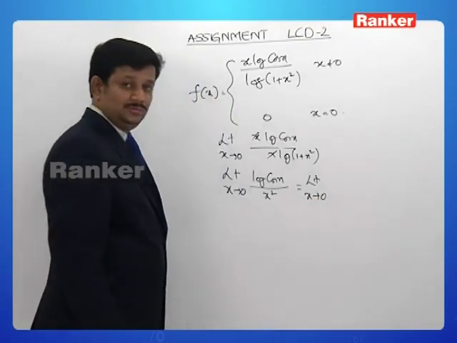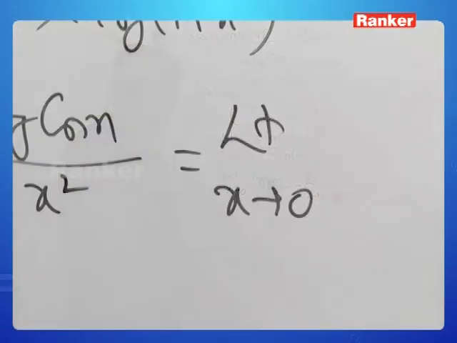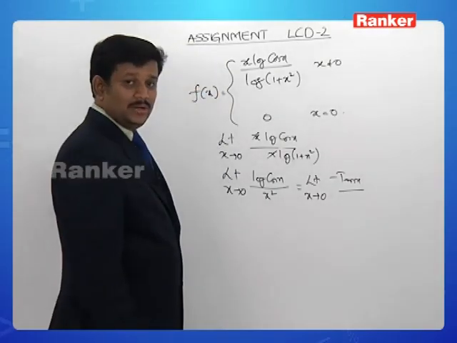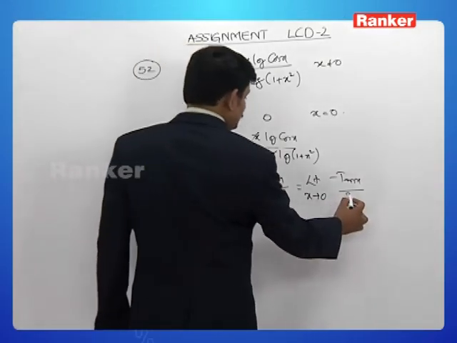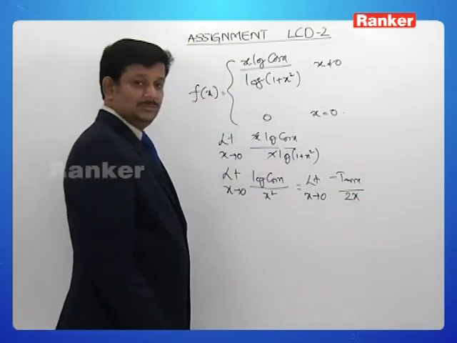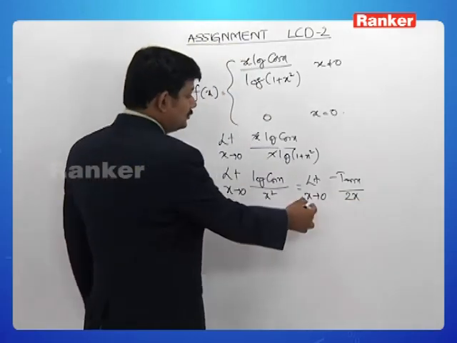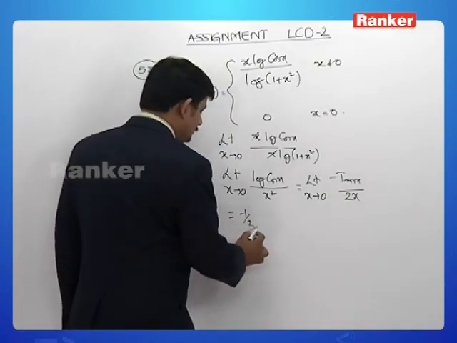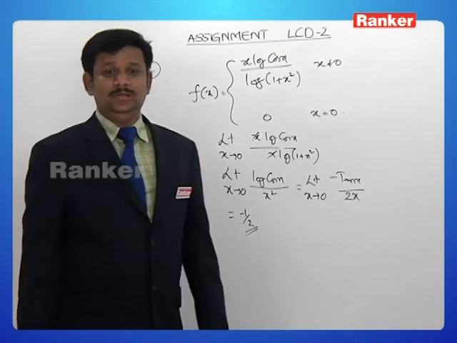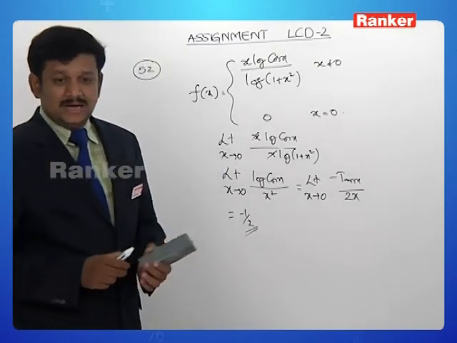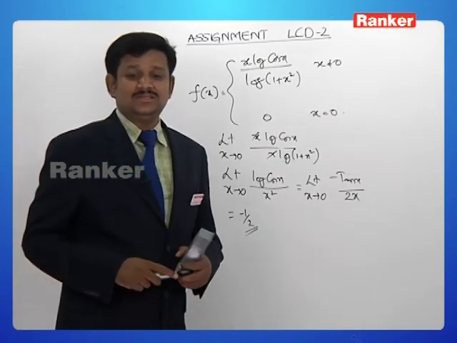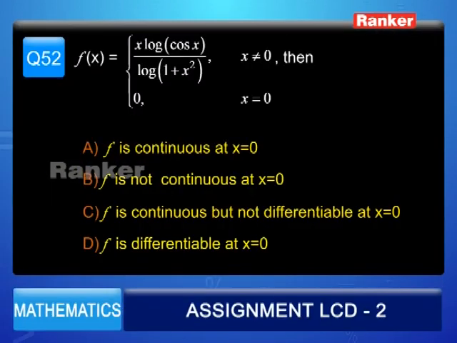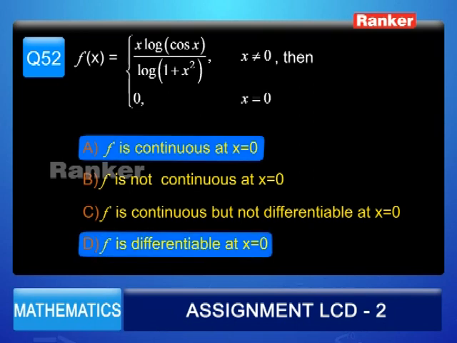Limit x tending to 0, derivative of log cos x is minus tan x, derivative of x square is 2x. tan x by x as x tends to 0 is 1. So, this limit is minus half. The limit exists and is equal to minus half. So, the function is continuous as well as differentiable at x equal to 0. So, the answer is A as well as D.